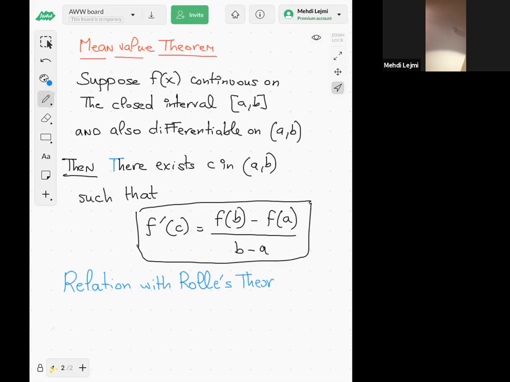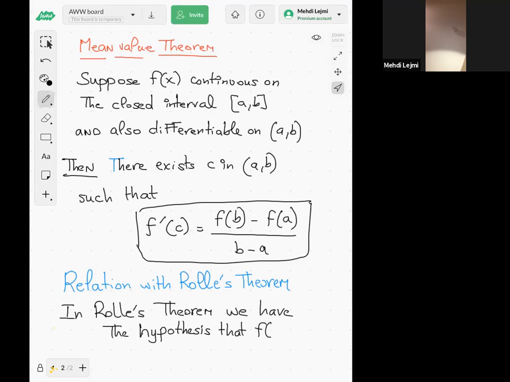So as I said, in Rolle's theorem, we make the hypothesis that f of a is equal to f of b, right? We have the hypothesis that f of a is equal to f of b.